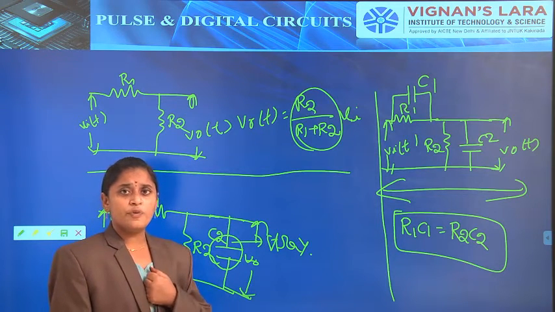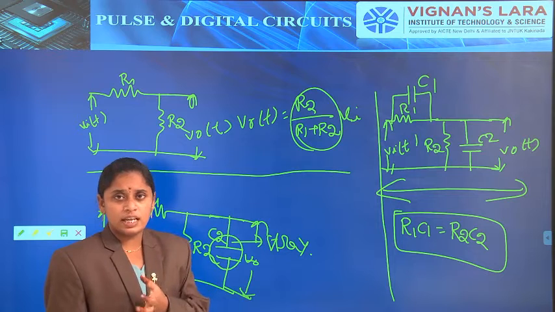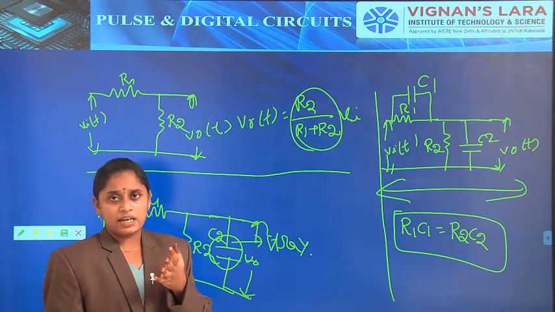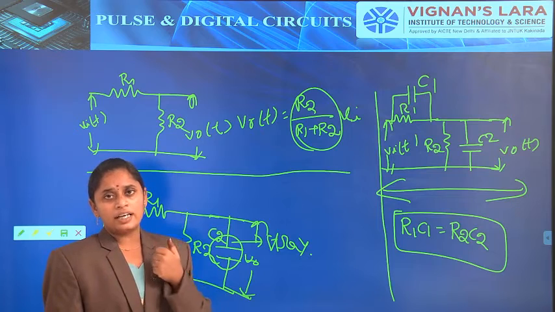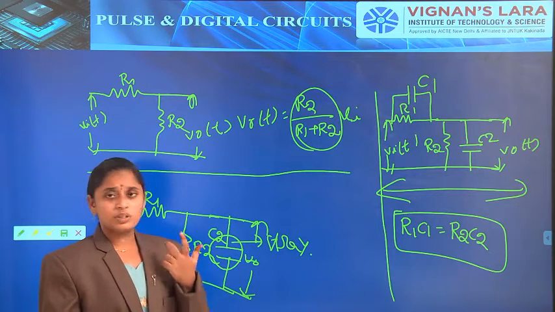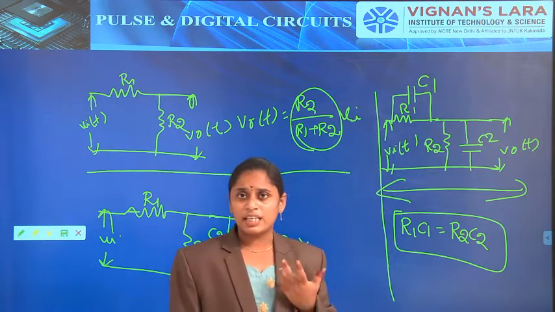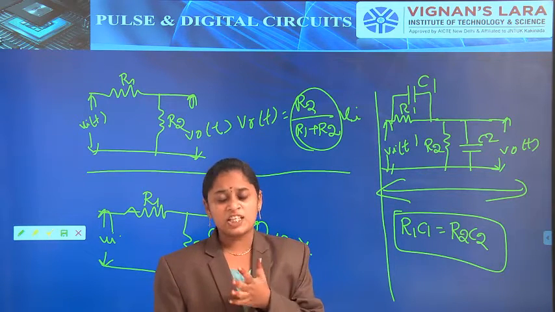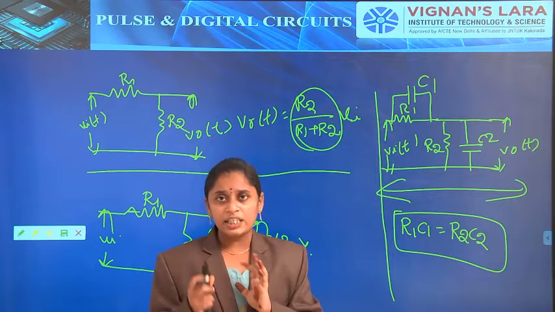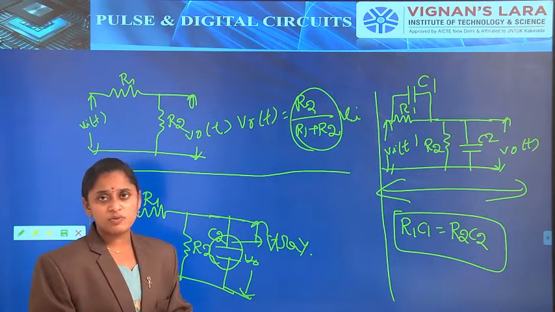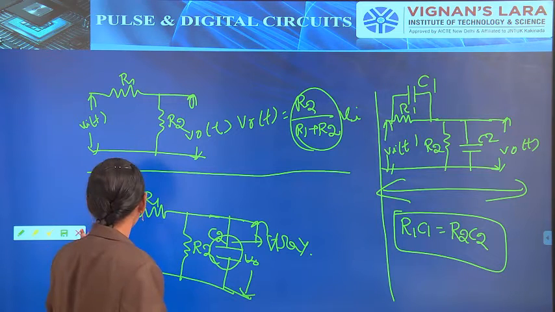So we take a step input signal passing through the parallel RC circuit, nothing but the R2 C2 circuit. What happens when a step signal passes through this final attenuator circuit, and how R1 C1 is equal to R2 C2, we have to discuss here.